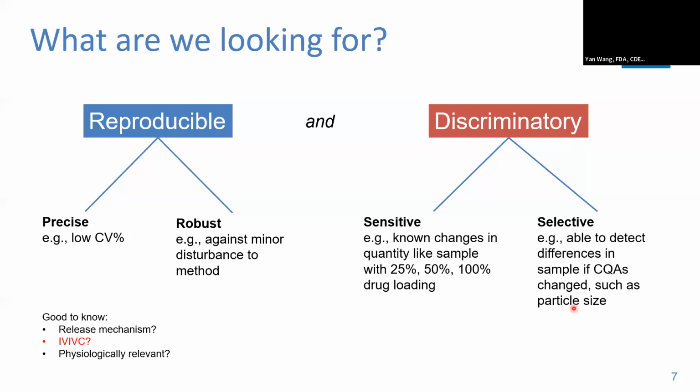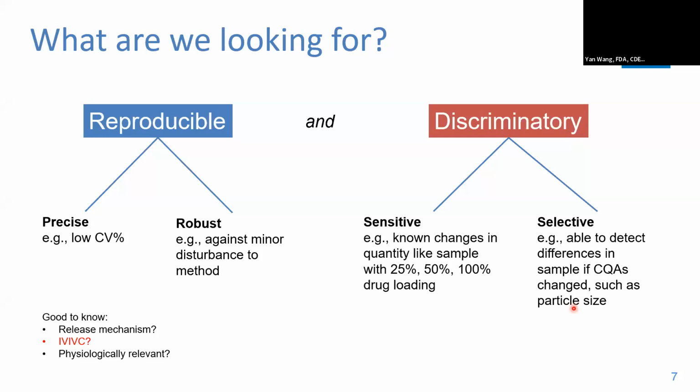and you'll be able to capture them properly as you expect. Then for selectivity, you would propose a list of critical quality attributes and justify why you think those are critical, and propose a range of changes that you think are relevant or reasonable. For injectable suspension, one commonly evaluated CQA is the particle size.